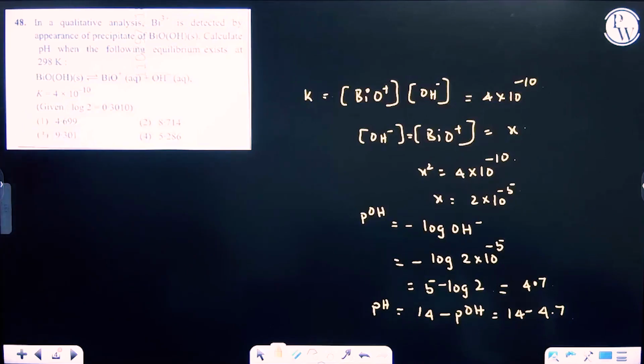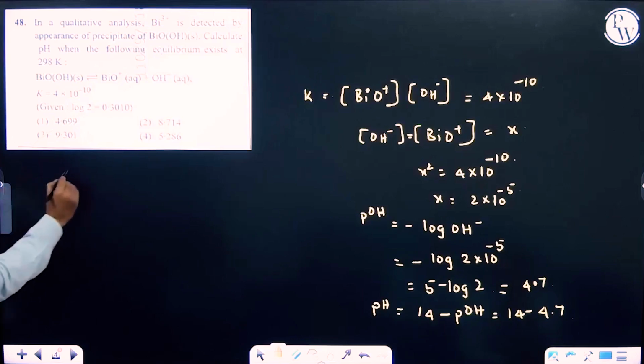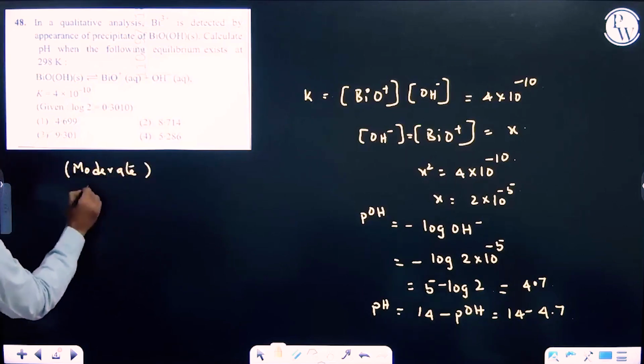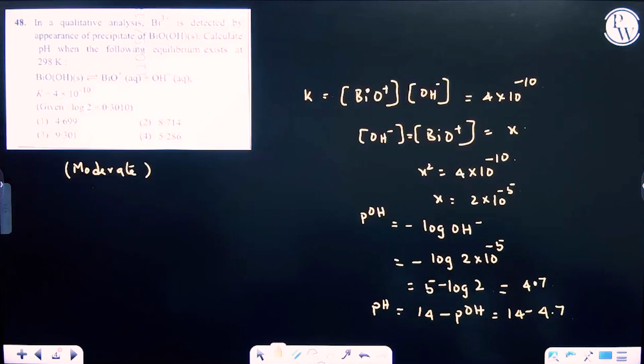So among these three questions, there is a possibility of error in this particular question. I can classify this as moderate, and you can take this as a trapping question where students can make a mistake. This is a simple concept in chemical equilibrium where everybody knows the theory, but the possibility of making an error is more.